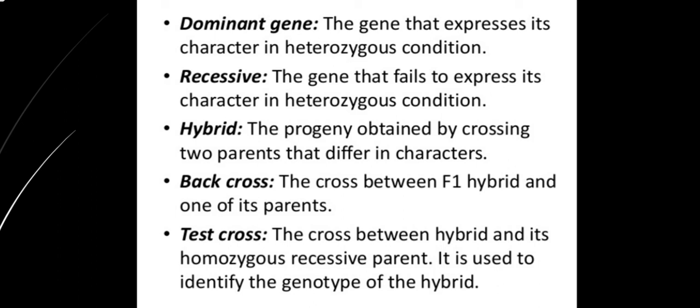Recessive parent, for example, small t, it is homozygous and it is recessive because it cannot be expressed. So it is expressed only when it is in the homozygous condition, that is called a recessive parent. Whereas in the case of capital T, the small t is not expressed. It is called a recessive gene. And the homozygous recessive parent is crossed with an F1 hybrid. Then that type of cross is called a test cross and is used to identify the genotype of the hybrid.